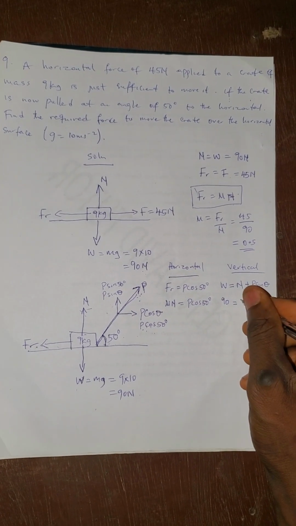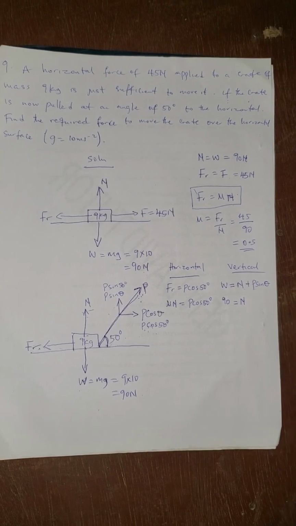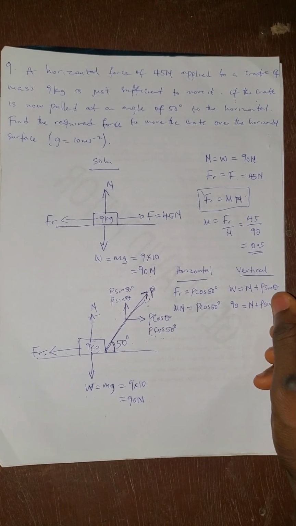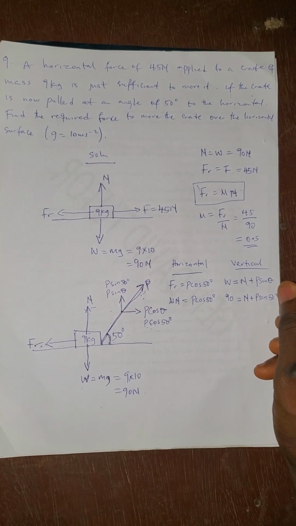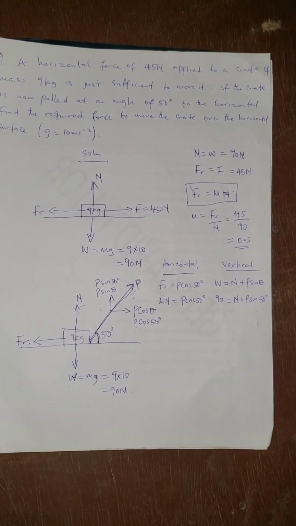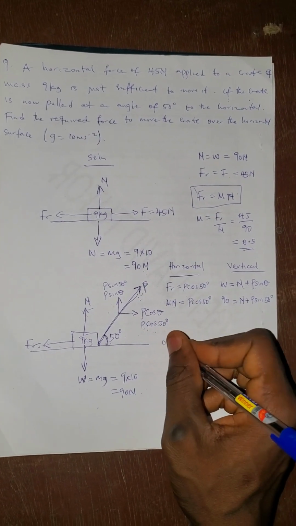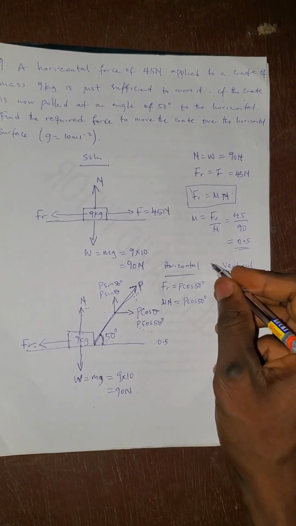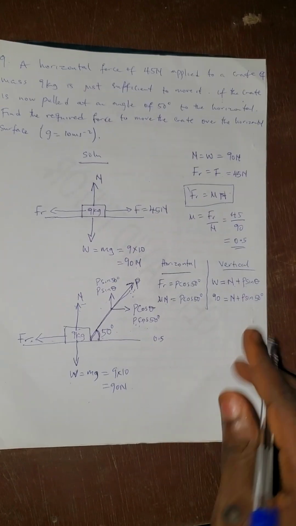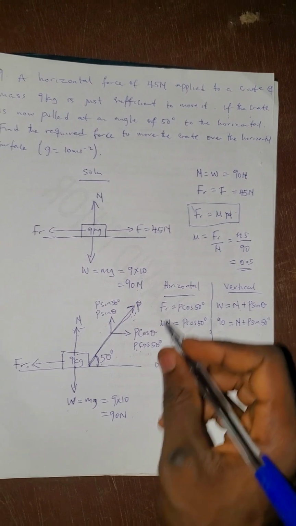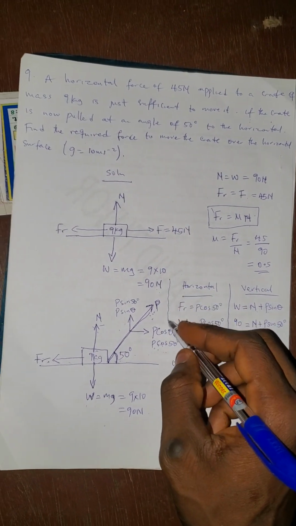Because we don't know the normal reaction this time around, because they are not equal to the weight, then plus P sin theta, and our theta is 50 degrees. Now if we check this, we have the value for the coefficient of friction, and that will be 0.5. The coefficient of friction is 0.5.